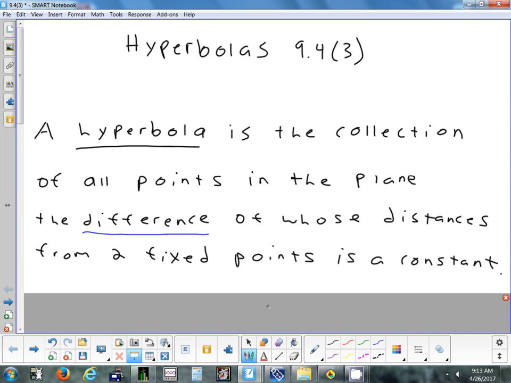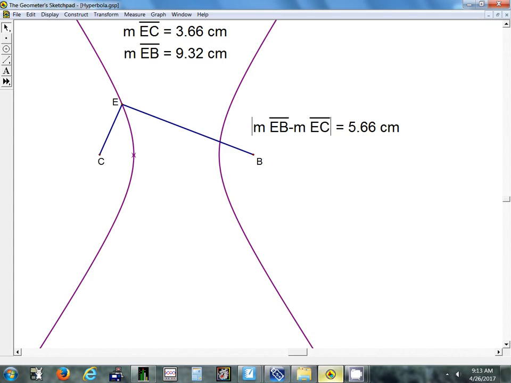All right, so what I'm going to do is put up a picture of a hyperbola so we can make sense of the definition a little bit. So the two fixed points in this picture are C and B. C and B are what we would call the foci. Okay, kind of like a parabola, the hyperbola wraps around the foci. Okay?